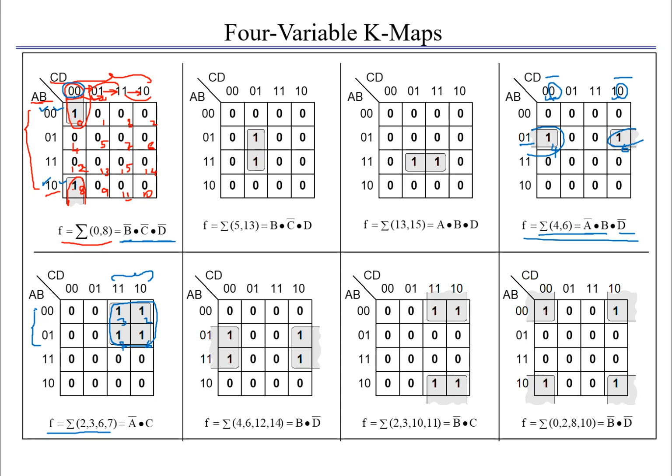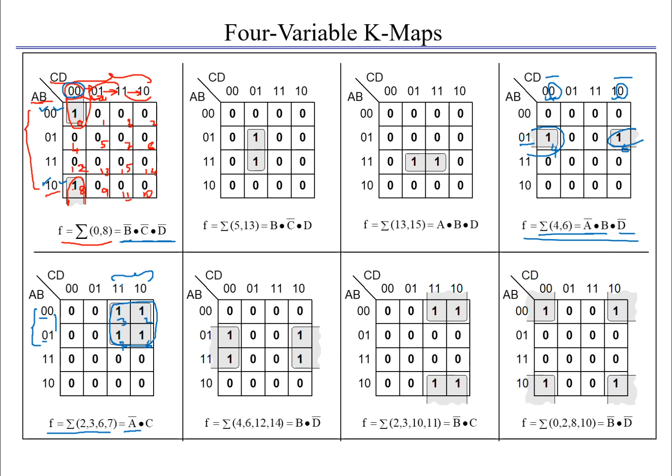If you come back to AB, see here A is common for both the cases and B is varying between 0 and 1. Hence your A is considered during the simplification and B will turn to 1 during the simplification. Hence if you see here, only A is considered. As A is 0, we are writing here A bar.